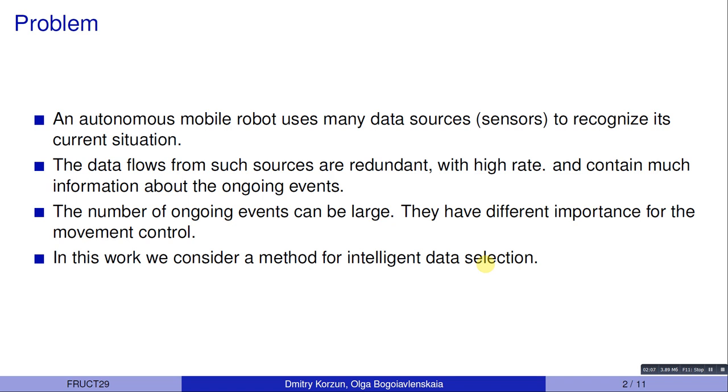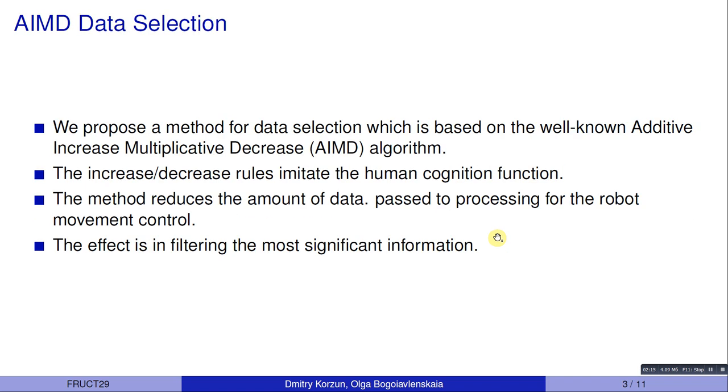So in this work, we propose methods for intelligent data selection. The method is based on the well-known additive increase multiplicative decrease algorithm, AIMD. It is used in data communication to provide a distributed control of data communication infrastructure.